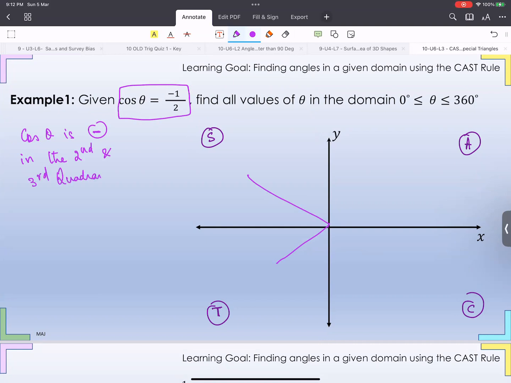Okay, so the first thing you need to recognize is whether the given value of cos theta is positive or negative. We are not looking at theta, we are looking at cos of theta, okay? Where is cos of theta negative? So we have to draw two terminal arms in the second and third quadrant, okay?